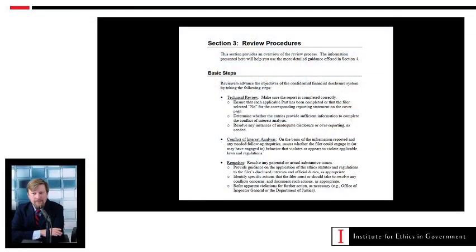No, absolutely. So once we've found the potential for conflict of interest or the absence thereof, if we find that there is a potential for conflict of interest, we have to do something. Right. And this is perhaps the most important part of the review procedure. This is what we're trying to get to. This is the whole purpose of the exercise, is to implement remedies, to make sure that our employees do not engage in conduct that would constitute a financial conflict of interest.